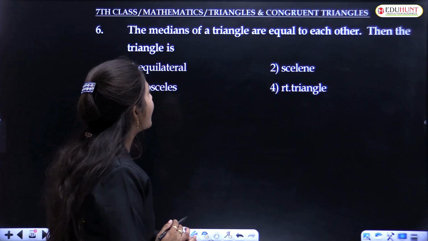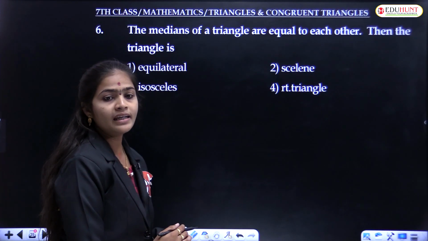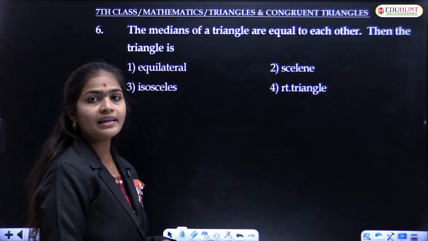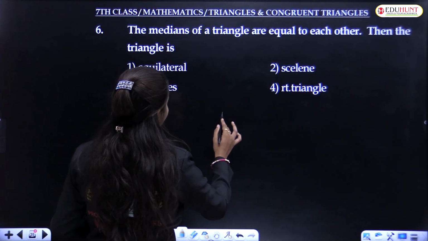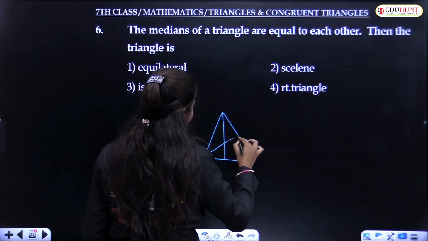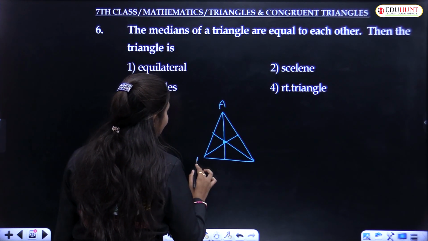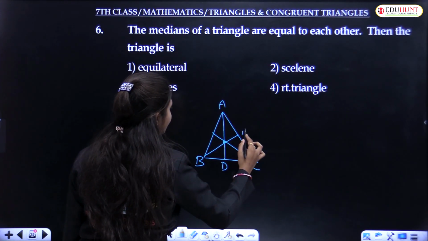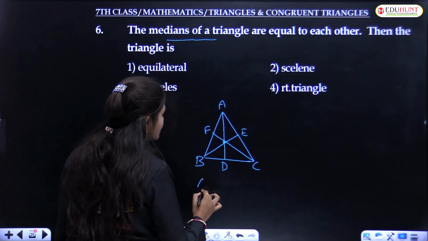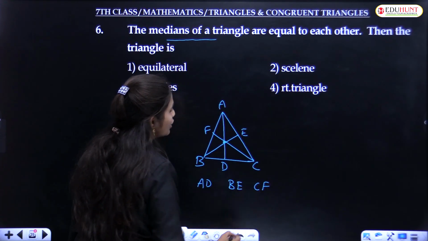The medians of a triangle are equal to each other, then the triangle is. Here in a triangle ABC, with D, E, F, AD is a median, BE is a median and CF is also a median.